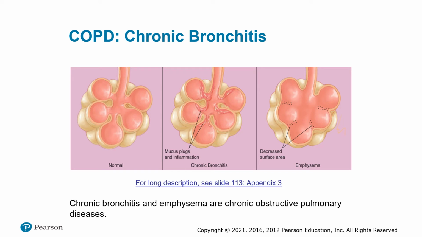So this is kind of a picture of the alveoli. You can see that in our chronic bronchitis patient, we get this mucus buildup that occurs in here. In the emphysema patient, these alveoli don't have the little walls in between each grape, and so because of that, our surface area is decreased, and then that means we don't get as much gas exchange in there.